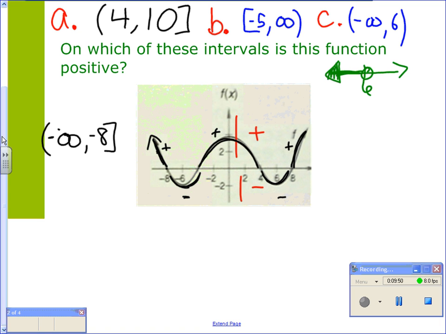Okay. For this next one, what are going to be the endpoints, the numbers? -4 and 4. Now we got to figure out if they're parentheses or brackets. How many think they're brackets? How many think they are parentheses? I do. They are parentheses. Here's why.